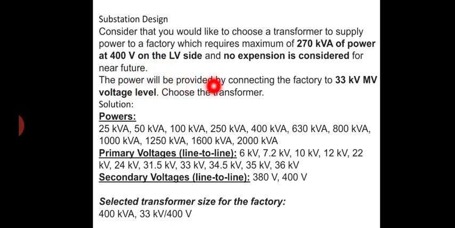The factory is connected to 33 kV MV voltage, so this will be your primary voltage. So 33 kV is the primary and 400 V is the secondary. So it comes here 33 kV/400 V.